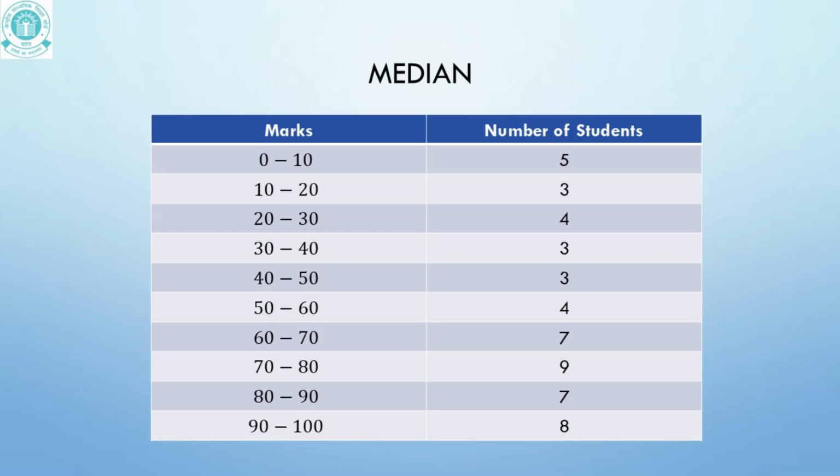The next question we can ask them is how many students have scored less than 20 marks? Observe that the number of students who have scored less than 20 includes the number of students who have scored marks from 0 to 10 as well as the number of students who have scored marks from 10 to 20.